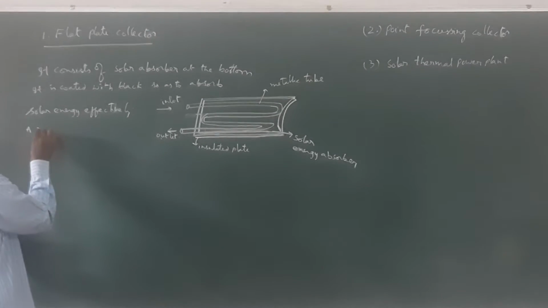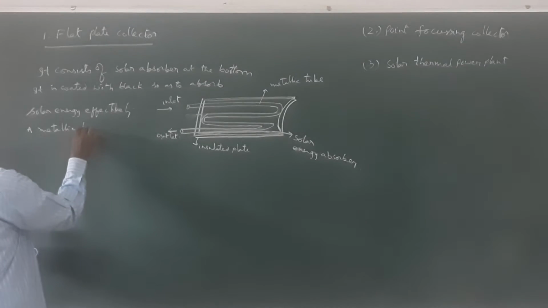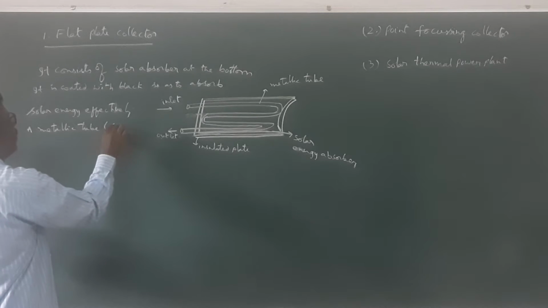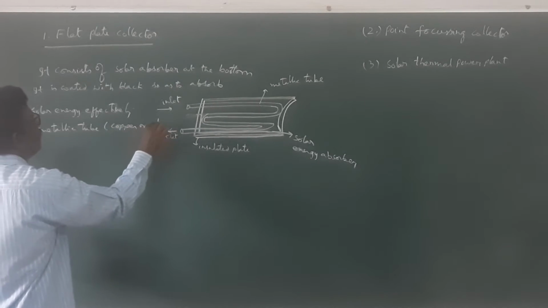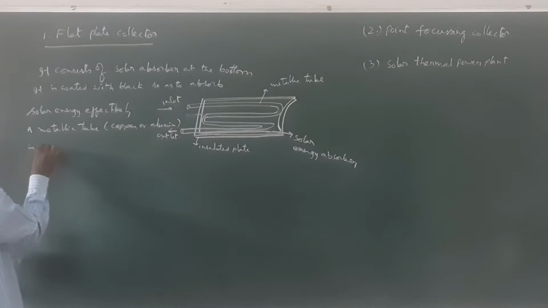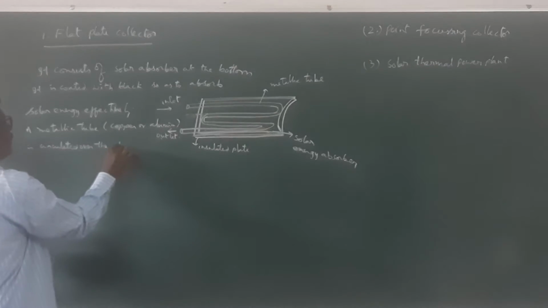A metallic tube, copper or aluminum, is circulated over the absorber.